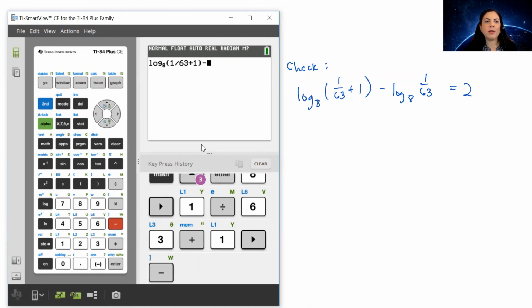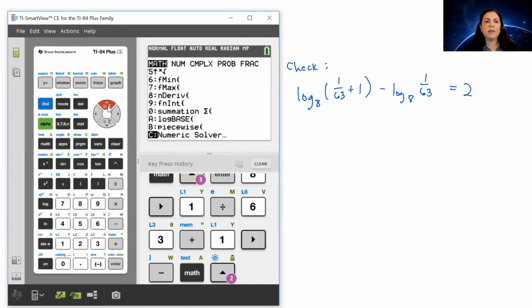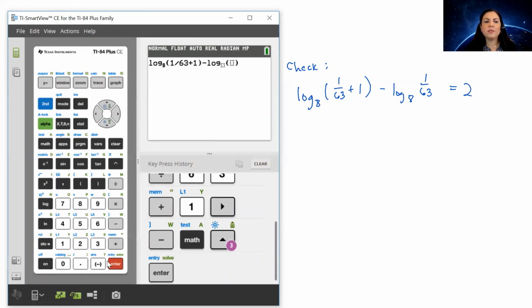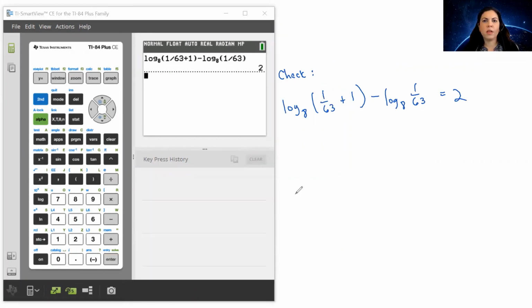And to get that log base 8 again, I go to math, and notice I'm pressing the up button a couple times to get to that log base. Enter. Log base 8 of 1 over 63. And now when I press enter, hopefully we see it equals 2, which it does, which means that our solution of x equals 1 over 63 was our valid solution.